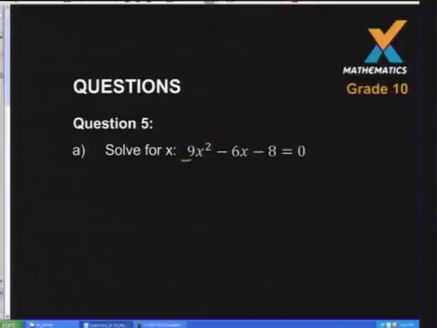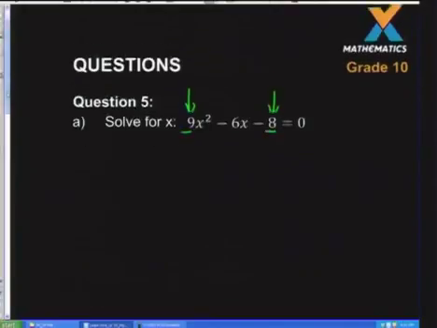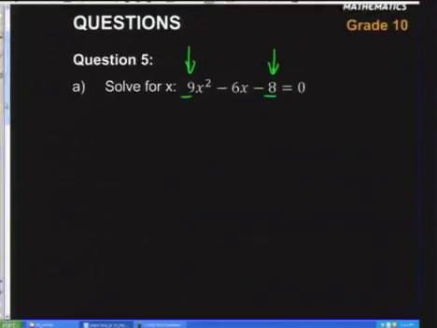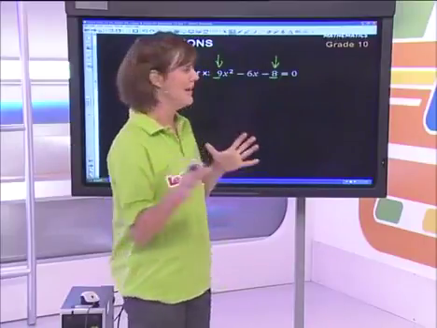Now this brings in a little bit of factorizing that we had to learn this year, where there's a coefficient in front of our x squared, and then you've got your number at the back. Now, a method that I use in class, but there are all different ways of doing things, so if you have learned a different method to factorize this, that's fine. I'm just going to use the method that I normally use.